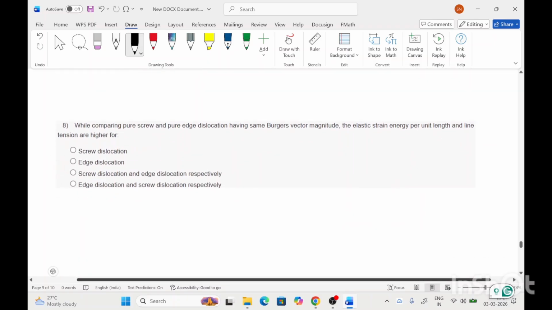Next question: comparing pure screw and pure edge dislocations having the same Burgers vector magnitude, where are the elastic strain energy per unit length and line tension higher? We have solved this previously. For edge dislocation, the energy and line tension will be higher.